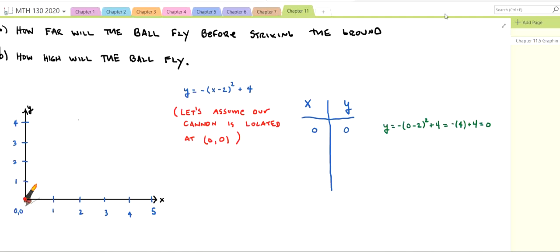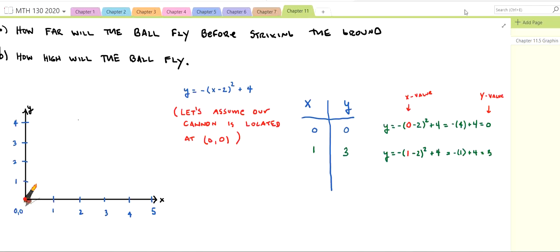Okay? When x equals 1, y equals 3. Following this equation, y equals minus quantity 1 minus 2 squared, and 1 minus 2 is negative 1. Negative 1 squared is 1. But then the whole quantity is multiplied by a negative, so we've got negative 1 plus 4 is 3. Okay.